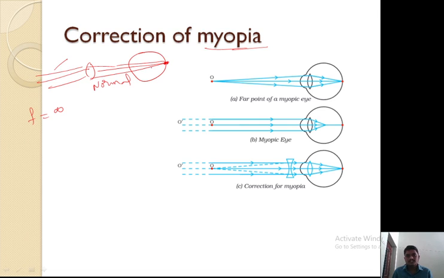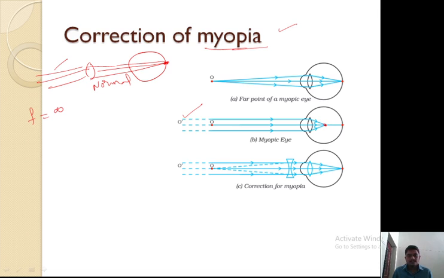Okay, so we can see that object clearly and distinctly. But the person who is suffering from myopia cannot see this distant object. Why? Because the light rays coming from the distant object are not focusing on the retina; they are focusing just before the retina, so he cannot see the object clearly and distinctly.